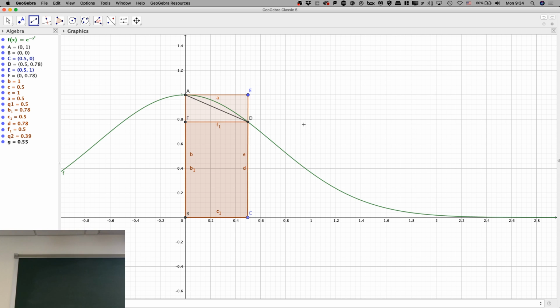For the particular trapezoid I've drawn here, is this an overestimate or an underestimate? It's a slight underestimate. It's an underestimate because that line is below the curve, and it's slight because that looks like a relatively small error that we've got there.